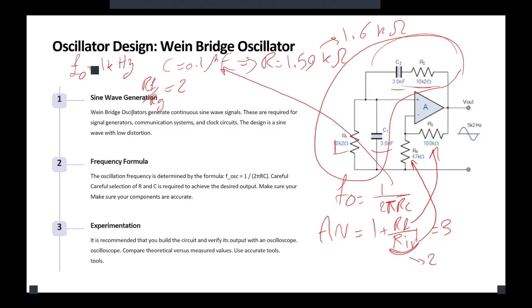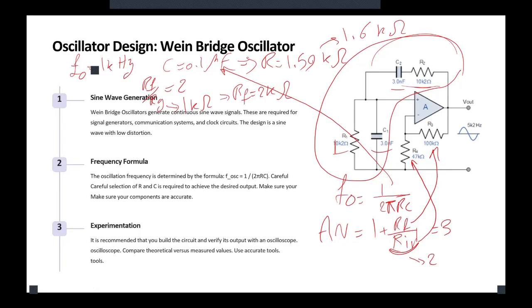So if we choose this one as 1 kilo ohm, that means the RF is going to be 2 kilo ohms. It is as simple as that. Now you have your circuit and it works. After you build that circuit, you can connect the output to an oscilloscope, power it up, and watch the waveform.